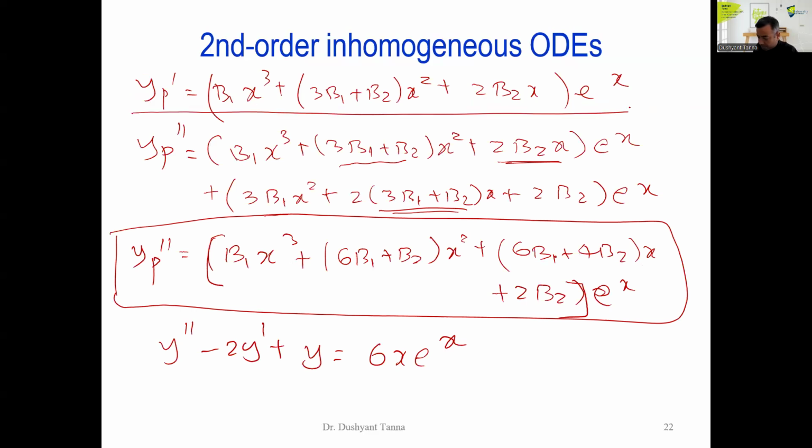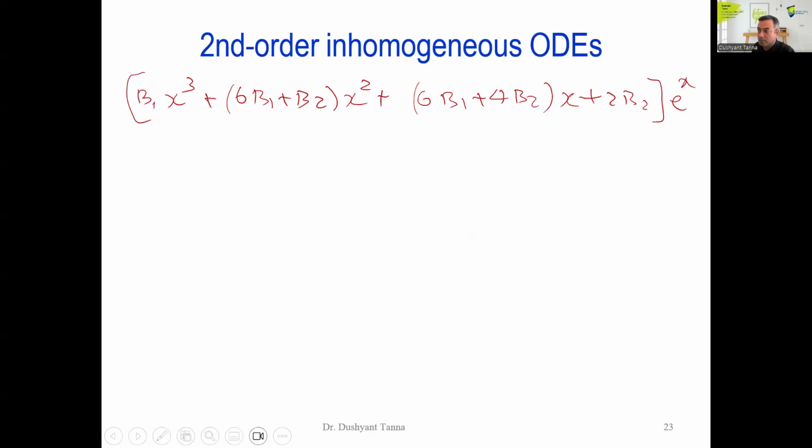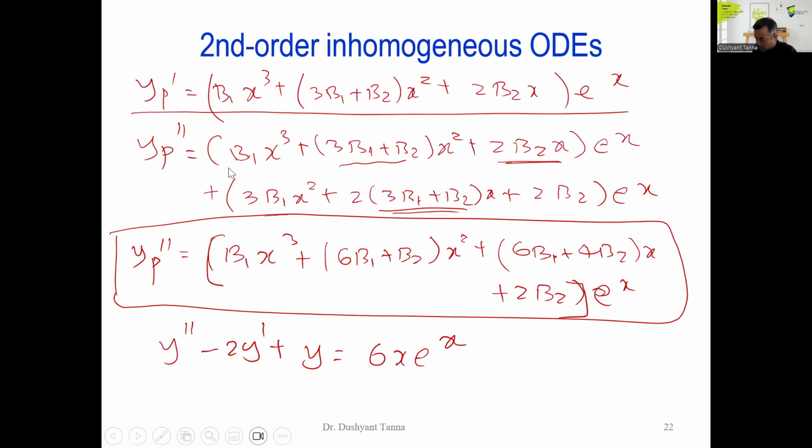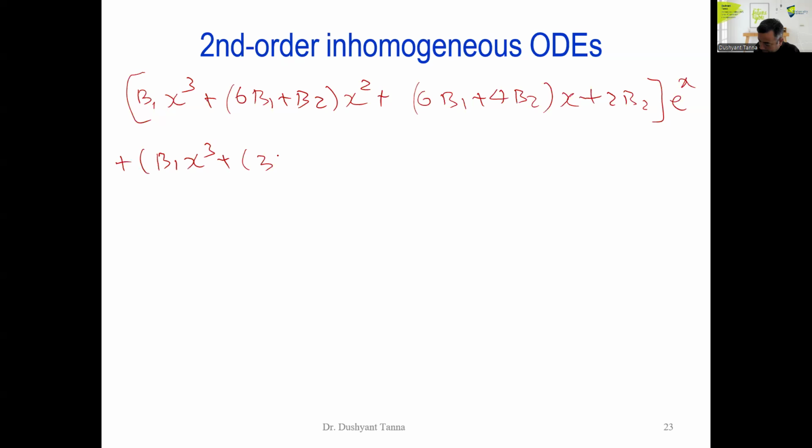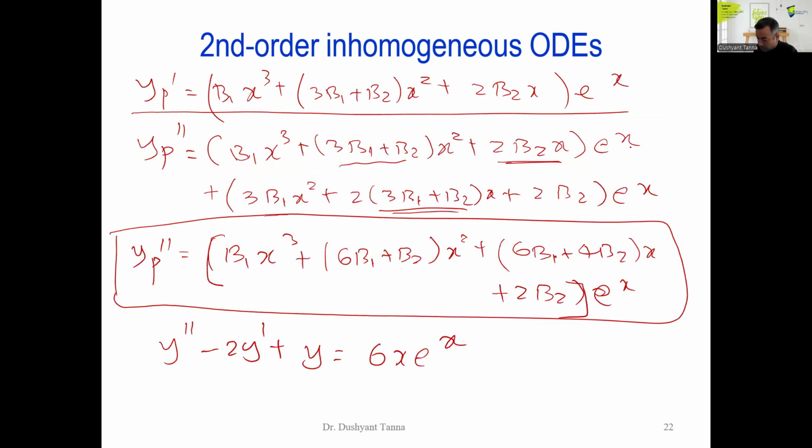This is my y dash, which was b1x3, 3b1 plus b2 x square, 2b2x, e power x. Sorry, this is minus 2.